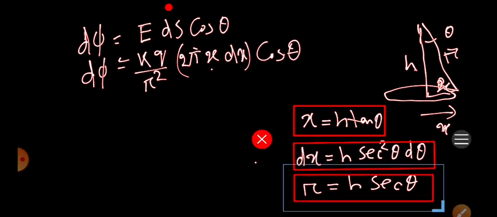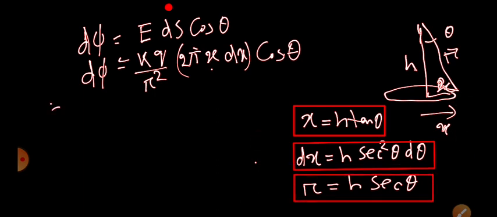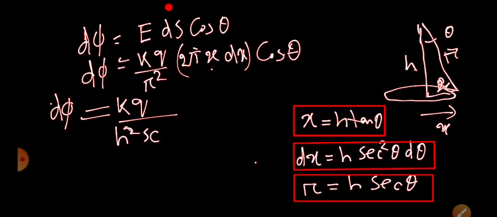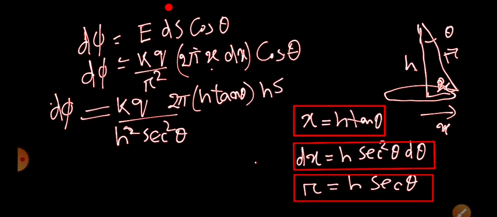So three quantities we found out, and they are to be substituted. After substituting we get d phi is equal to k q by r square, so h square secant square theta, times 2 pi. In place of x you write h tan theta. In place of dx you write h secant square theta d theta.